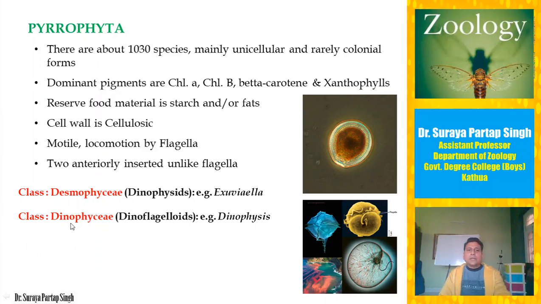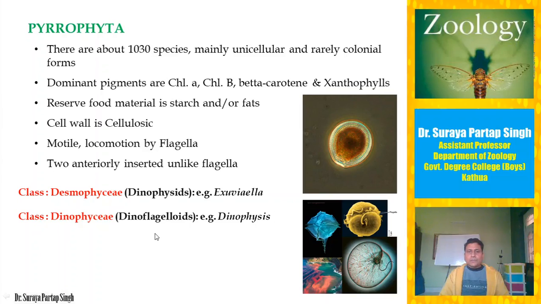And the second class is Dinophyceae, and it includes dinoflagellates. So these are dinoflagellates. Another example of dinoflagellates is Noctiluca. This is Noctiluca, and many of these dinoflagellates show bioluminescence.